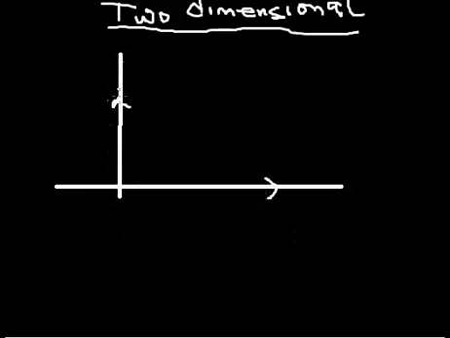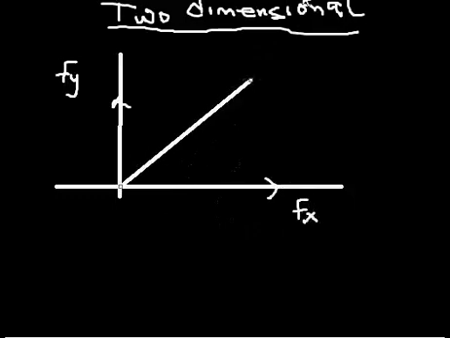If the vector is acting vertically, I use this to represent its vertical dimension. If it is acting horizontally, I use this, F of x, to represent its horizontal dimension. But if it is acting at an angle, neither vertical nor horizontal, then it has two components: one in the horizontal dimension, and one in the vertical dimension.